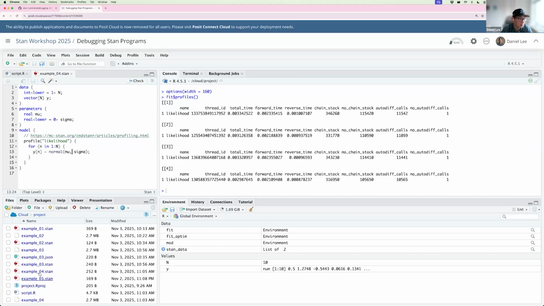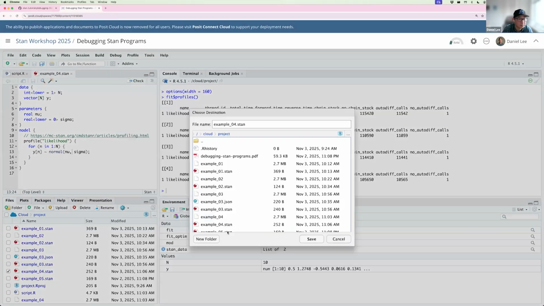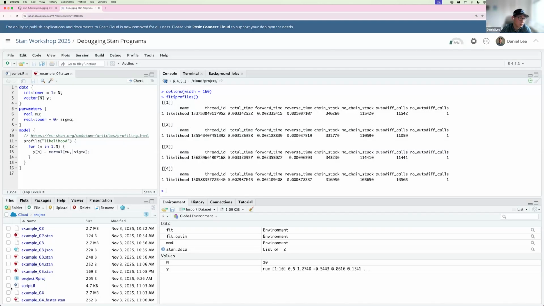So if I were to make this faster, what I would normally do is start here. I would copy this and do that.